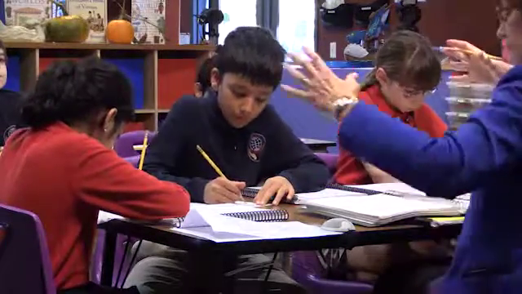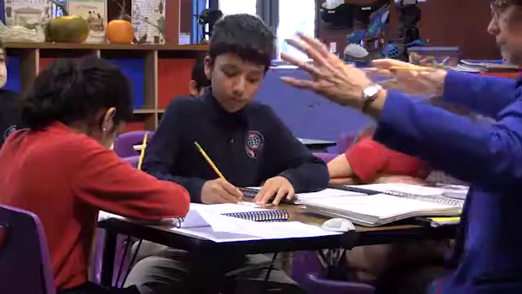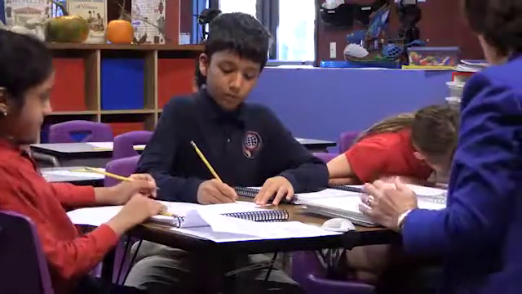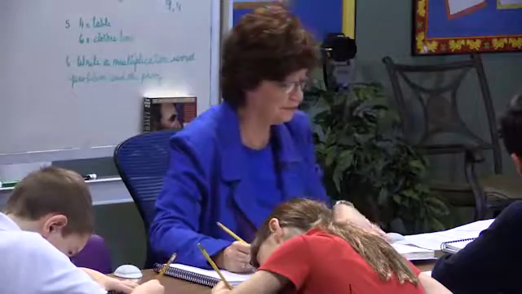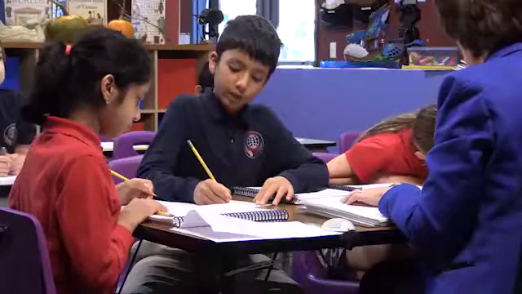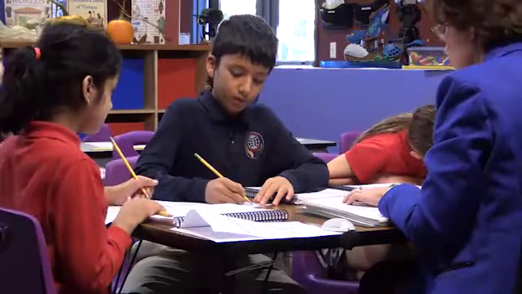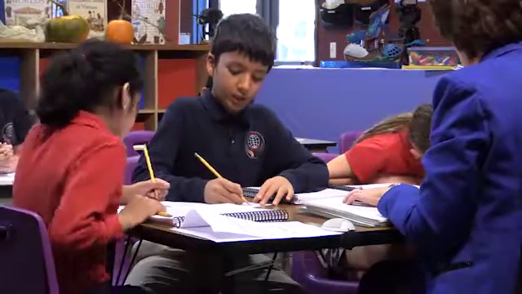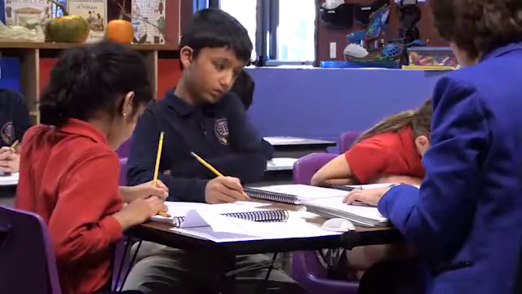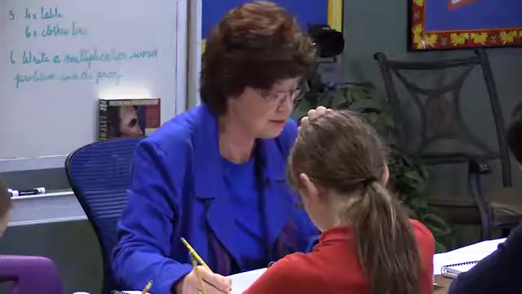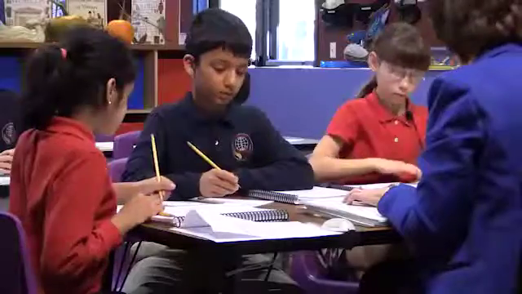So I have 500 people, and I have 4 people in each pile. Can you find your answer for me? 125. And what does 125 tell us? The quotient. Well, we have the all, we have the number in each pile, so 125 is the number of piles.